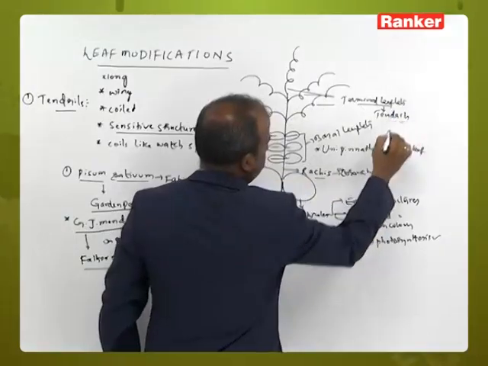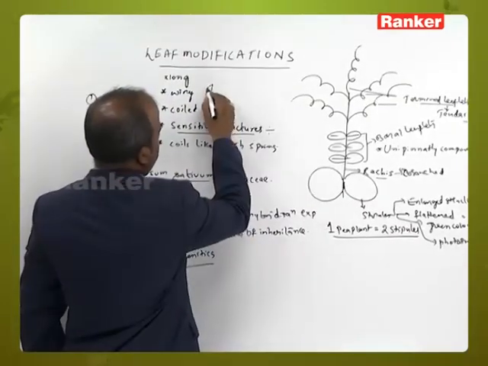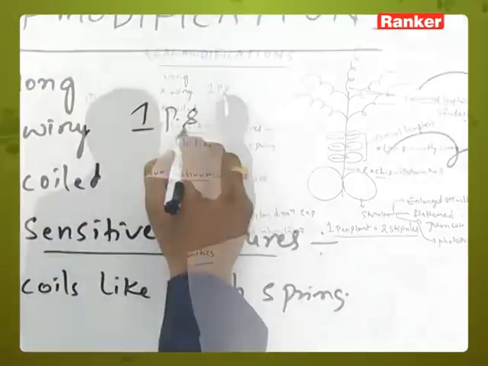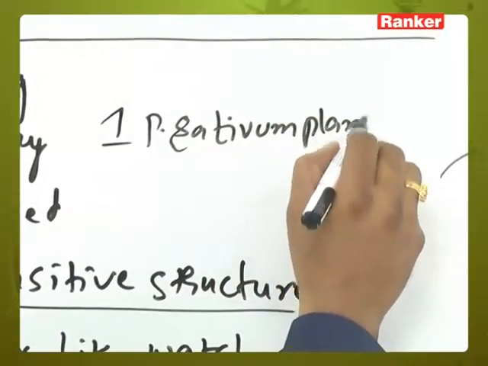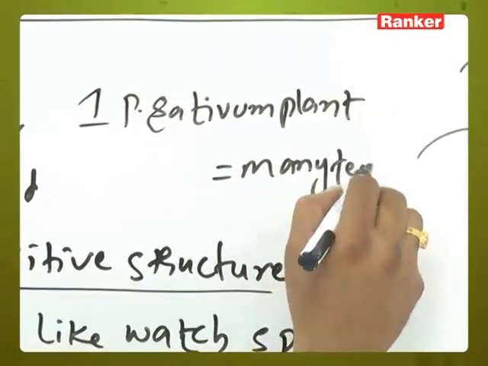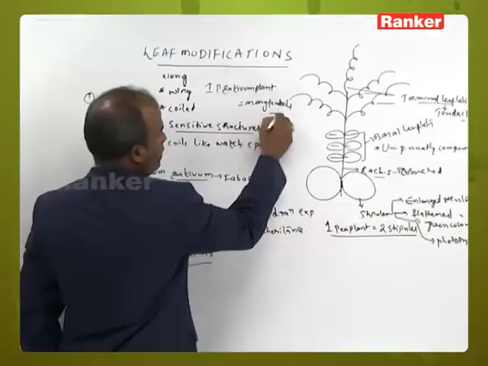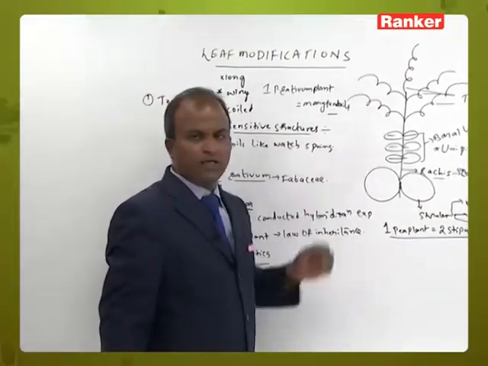That means one Pisum sativum plant has many tendrils.